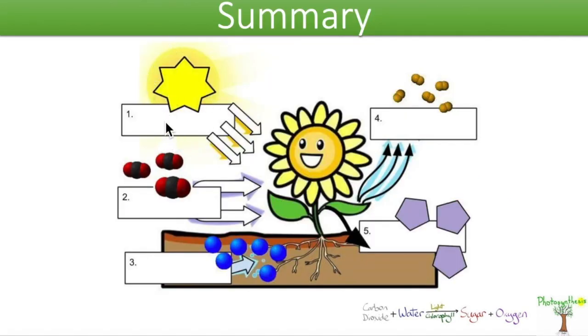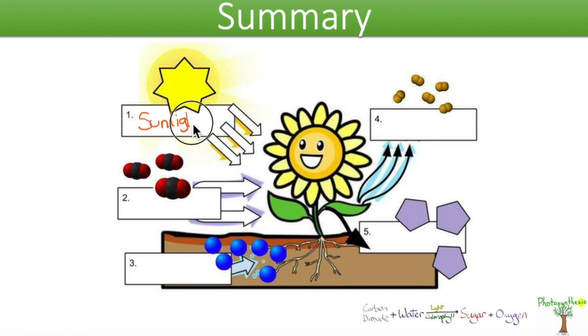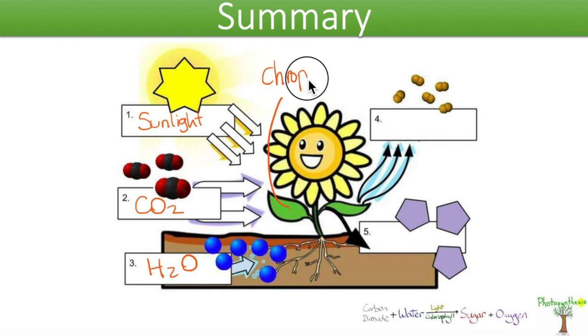Okay, so in summary, we have sunlight, which provides the energy for all these reactions that take place, and carbon dioxide, CO2, and water, H2O, and within the chloroplasts, we get oxygen given out of the leaf, and we get sugar that is made, which is a fuel for all the reactions that happen within the cell and within the plant.